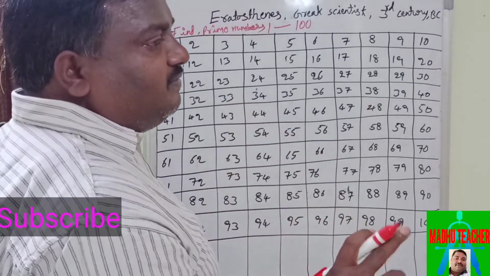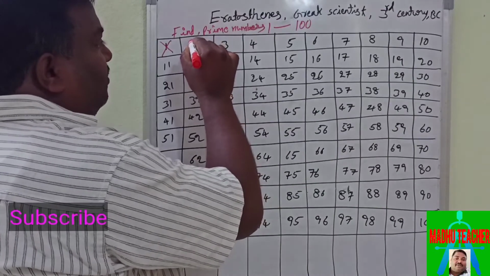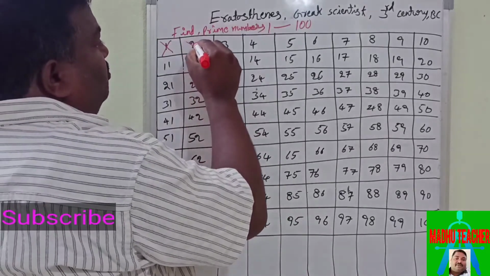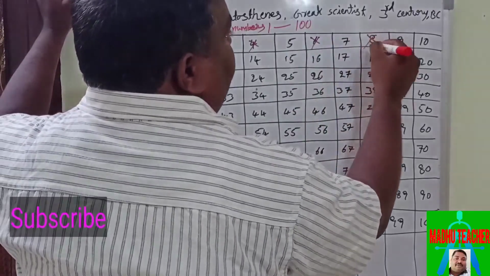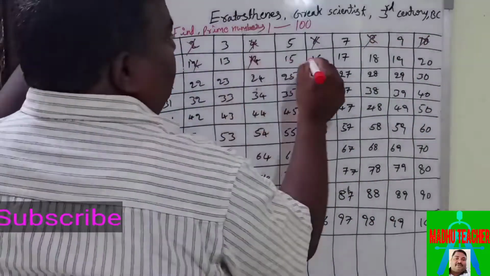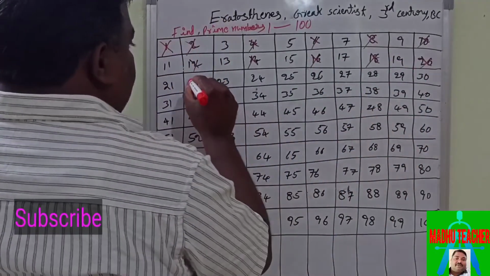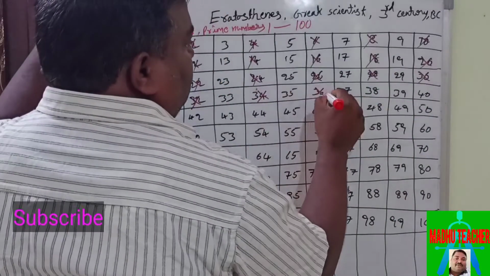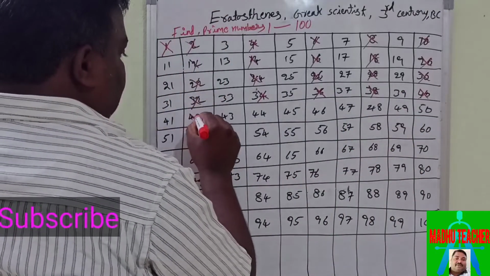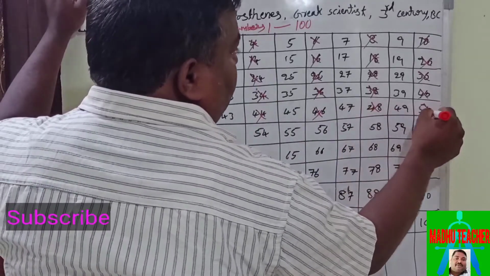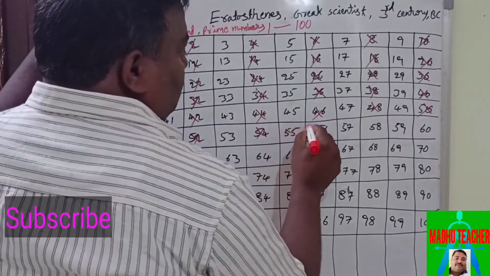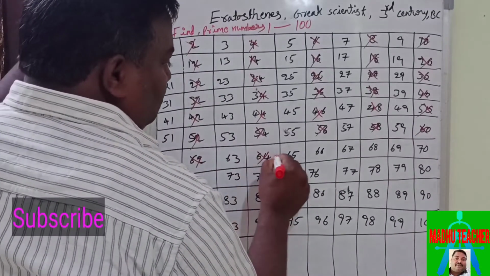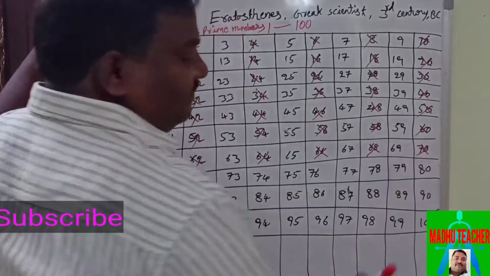Cross all the multiples of 2, that is, all the numbers divisible by 2: 2, 4, 6, 8, 10, 12, 14, 16, 18, 20, 22, 24, 26, 28, 30, 32, 34, 36, 38, 40, 42, 44, 46, 48, 50, 52, 54, 56, 58, 60, 62, 64, 66, 68, 70.